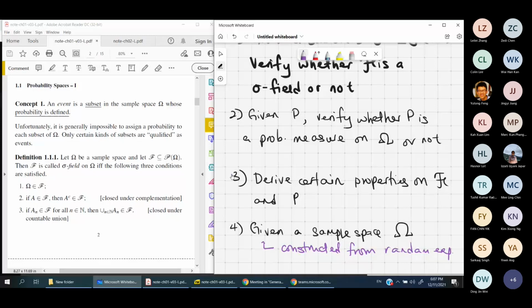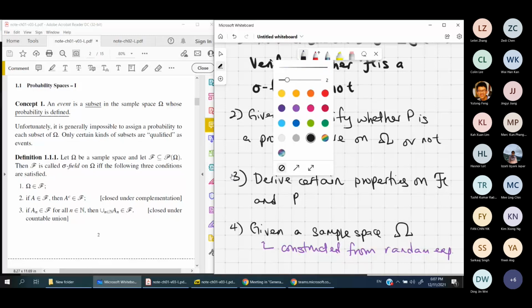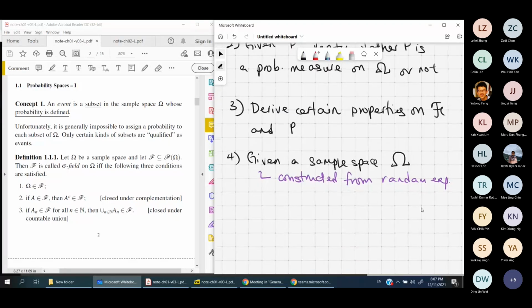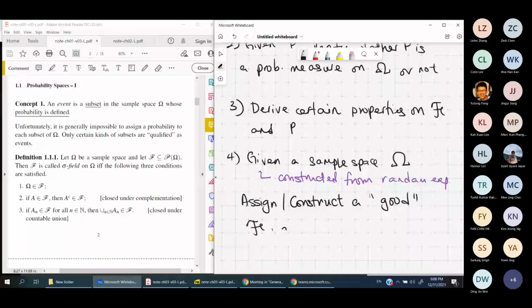So once we have a sample space, make sure you can assign or construct, either one, a suitable F and P. These are the things that we hope you are able to achieve.